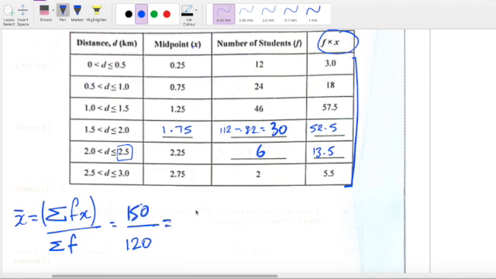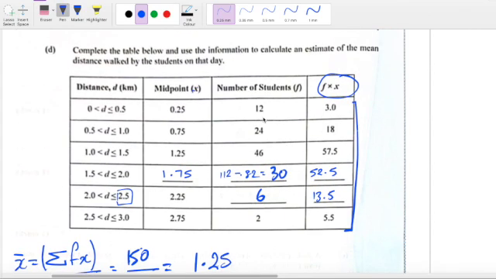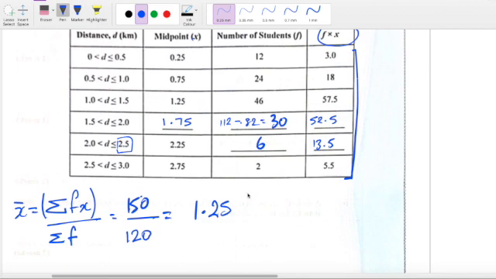And so the mean ends up being about 1.25. That is the average distance walked, so it'll be 1.25 kilometers.